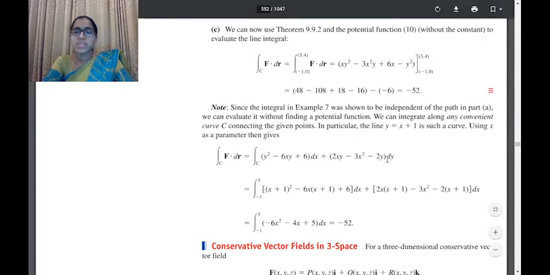Wherever there was y, we substituted x plus 1, and dy was replaced by dx. You can open the brackets and the reduced form will be minus 6x square minus 4x plus 5. All other terms get cancelled.